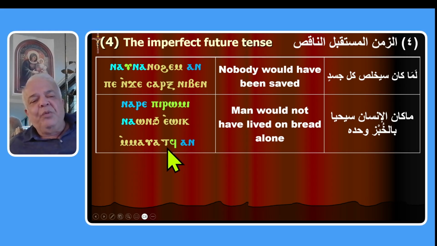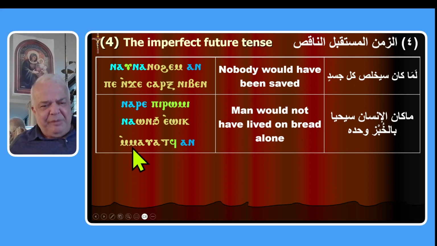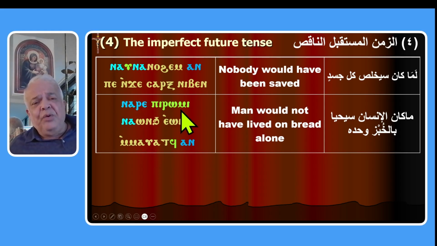Mavatn, we all of us, males and females. Mavatin, you plural, males and females. Mavato, them, males and females, plural. So mavat, remember how it is connected to personal pronouns, as I told you now. So the whole sentence, nare piromi, no man, na onk can live, e oik with the bread, mavat alone. And here is the word not.